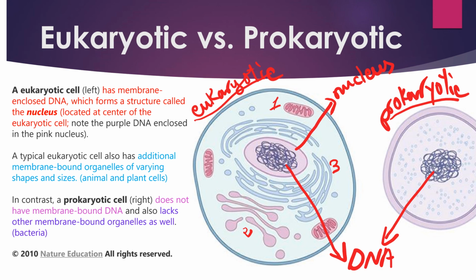A eukaryotic cell is a cell that has a membrane-bound nucleus containing its DNA, and a prokaryotic cell does not have a nucleus. In addition, a prokaryotic cell also lacks other membrane-bound organelles that are found inside of the eukaryotic cell. I hope this helps.